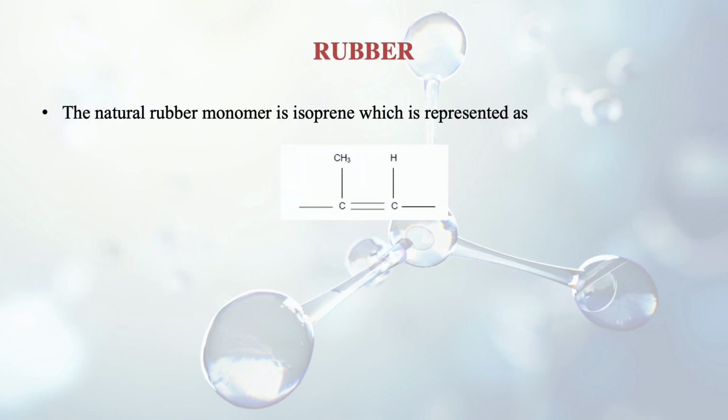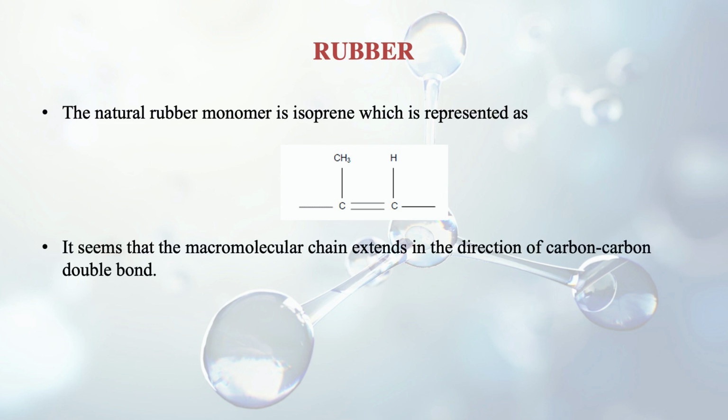Here you see the natural rubber monomer, which is isoprene as told earlier. You can see there is a double bond between the carbon atoms, then there is the H atom and the CH3 group. This is isoprene, and this double bond breaks and opens up and can combine with other similar monomers to form a polymer.